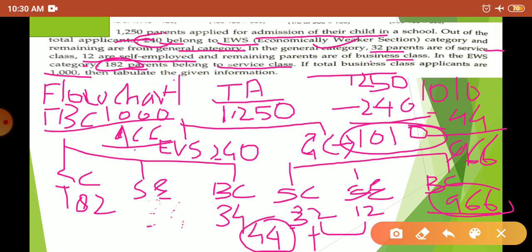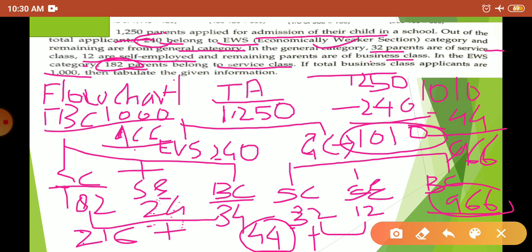Now we don't know the number of self-employed, so how do we calculate? We have to add these two numbers, service class and business class. So 182 plus 34, when we add, we get 216, and when we subtract from 240, we get 24.